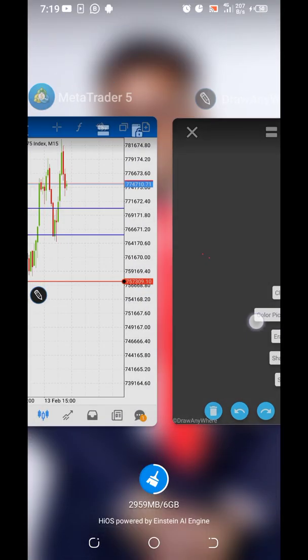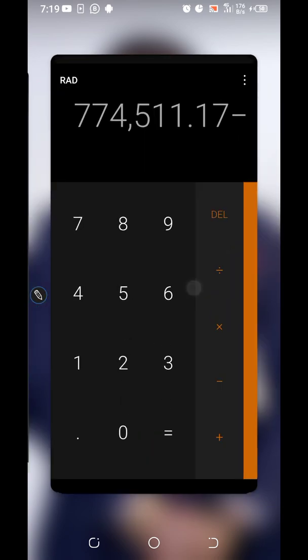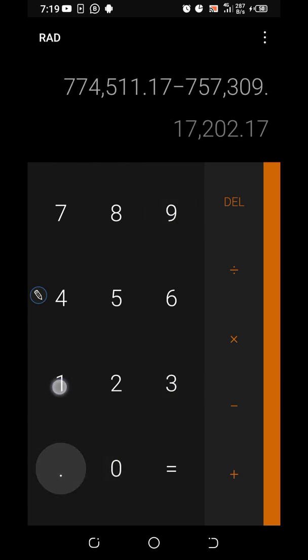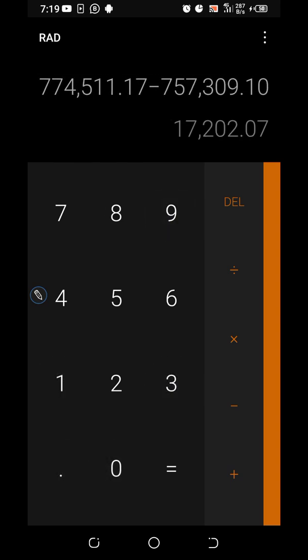What's my stop loss? 757309.10. Please always include your decimal, very important, otherwise you get a wrong reading. Now this is the value in points that we're going to be losing if this trade goes bad. We're going to be losing 17,202.07 points if this trade goes bad.